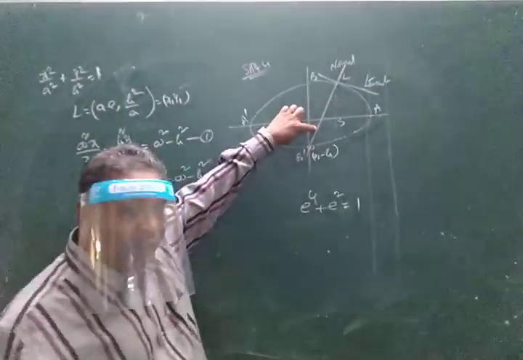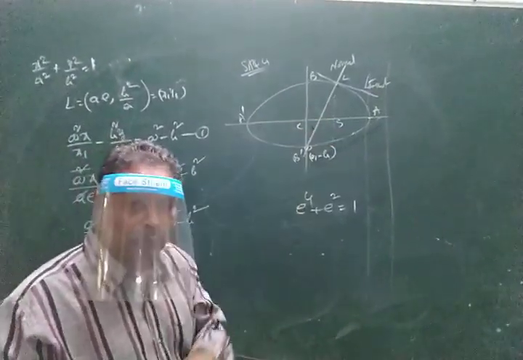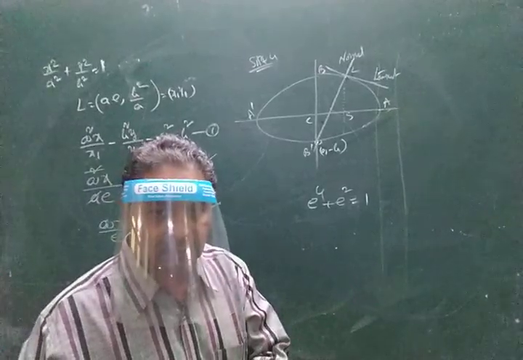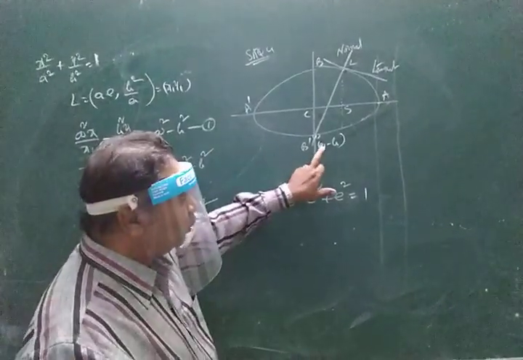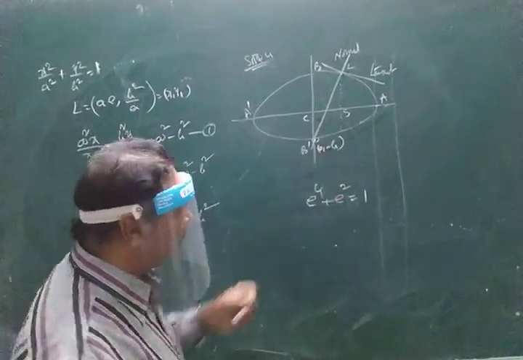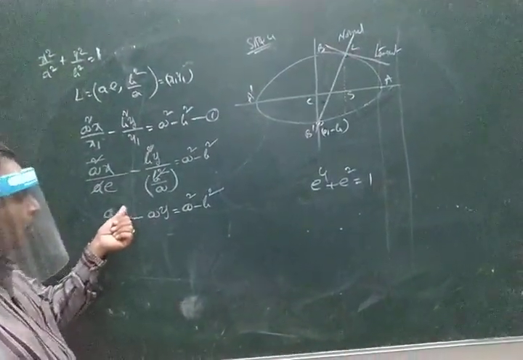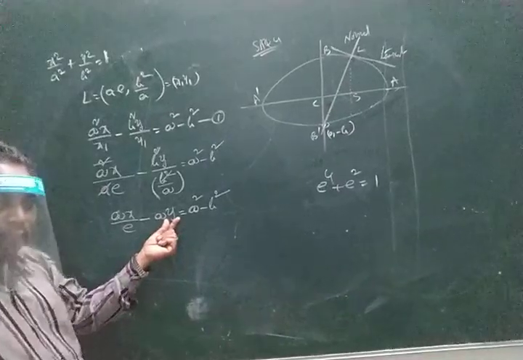This normal line passes through one end of the minor axis. So, substitute (0, minus b) in the normal. When x value is 0, y value is minus b.